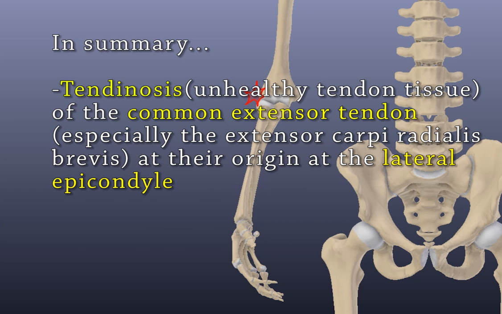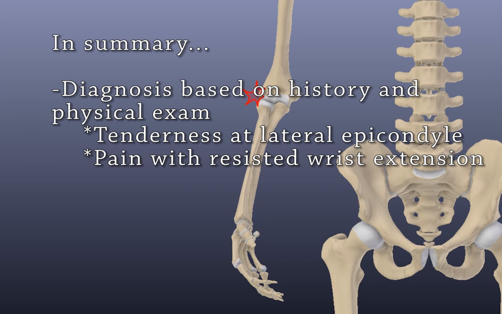The bottom line: tennis elbow is tendinosis of the extensor tendons, especially the extensor carpi radialis brevis, near their origin at the lateral epicondyle. There are no X-ray findings associated with tennis elbow, and the diagnosis is based on symptoms and physical exam findings.